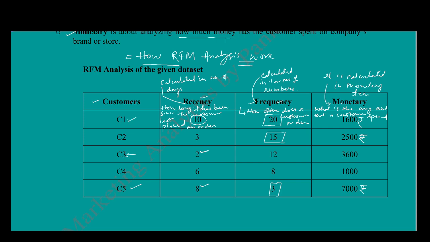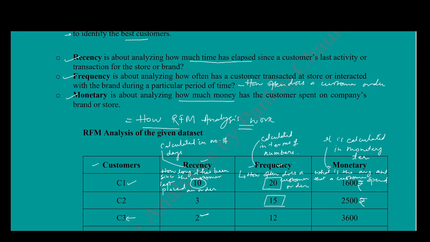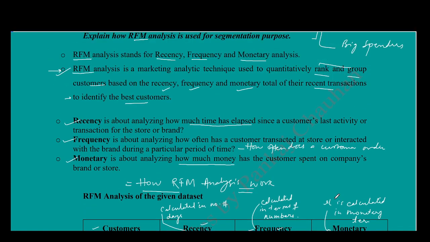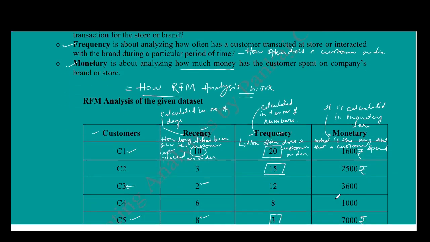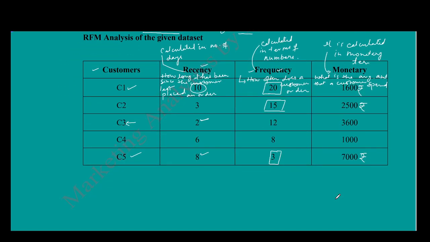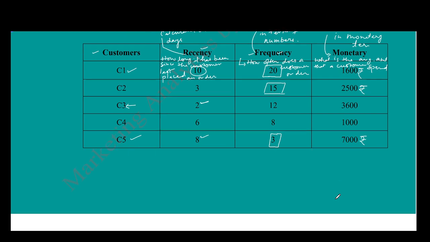And finally, in the next step, we will be deriving the rank, because as I mentioned in the definition part, this technique is used to quantitatively rank and then group the customers. So we'll see to this in the third step. Before moving to that step, our second step includes the calculation of recency score, followed by the calculation of frequency score, and finally the monetary score. So just look at how we calculate the recency score.